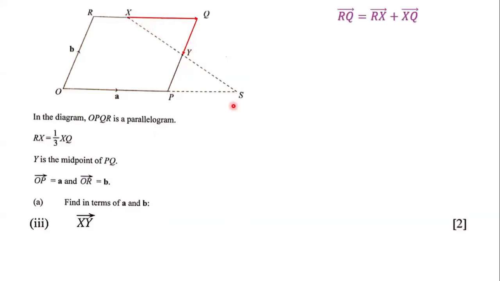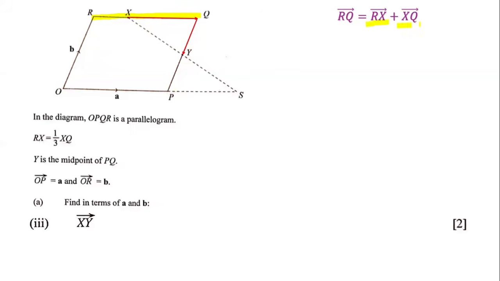And so the first thing that we're going to do is say that RQ is equal to RX plus XQ. And that makes sense, because notice carefully, RQ is equal to what?